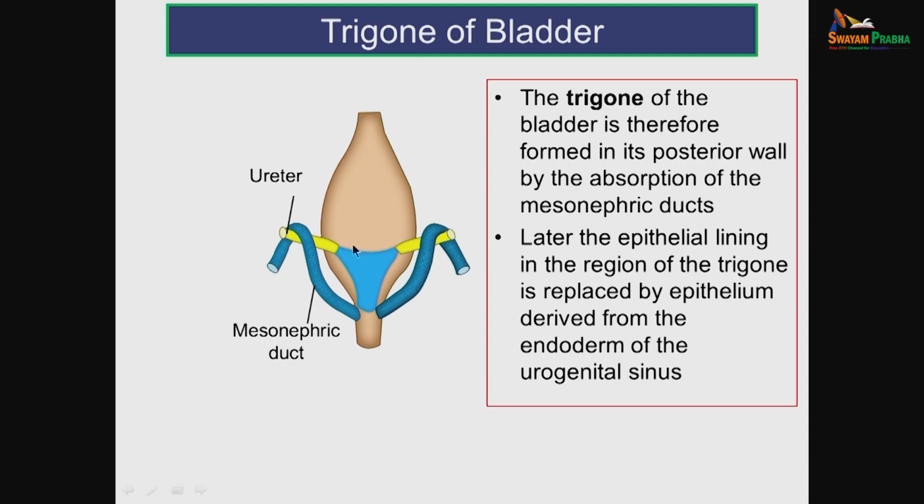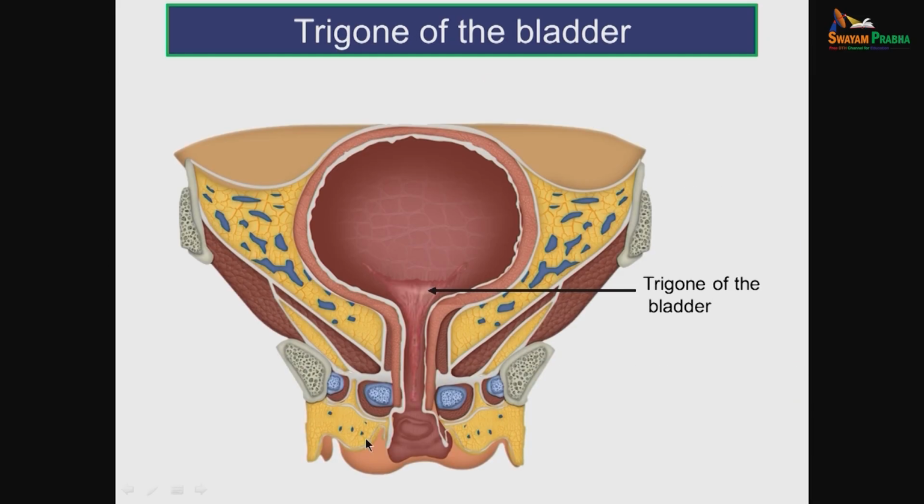Please understand, trigone is formed by the absorption of the mesonephric ducts. Hence, it is mesodermal in origin, while the rest of the bladder is coming from the vesico-urethral canal, which is one of the subdivisions of the cloaca, and hence it is endodermal in origin.